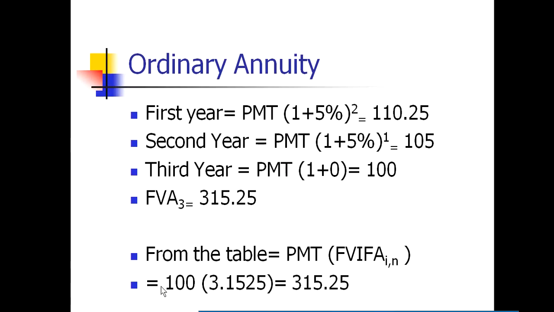By entering our numbers in the formula, 100, which is the payment, multiplied by the future value interest factor, this number we will get from the table, the answer will be similar to the one we just calculated.